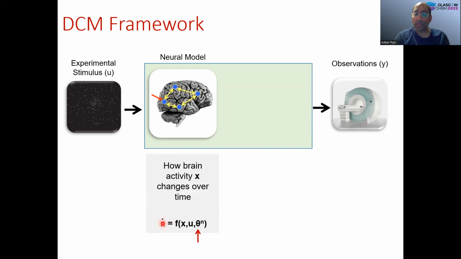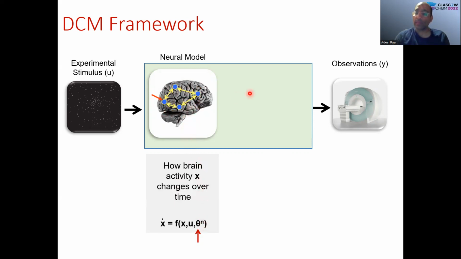So X dot is the change in the activity over time, which is a function that depends on what's happening now. X is the current activity, U is the input, what experimental input has gone in, and theta is the connectivity, how different elements of this model are interacting with each other.